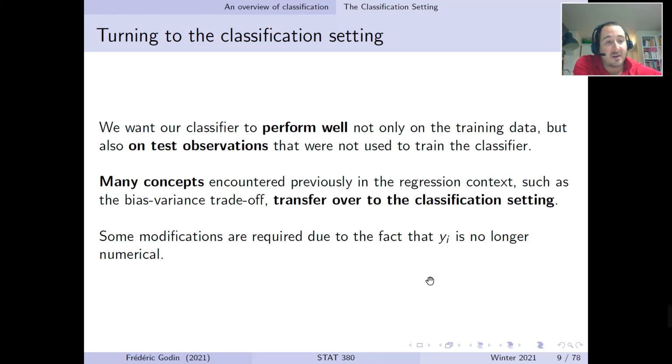If we have very variable predictions which are highly sensitive to data points, this still has the effect of potentially causing overfitting, which would mean good performance in sample and bad performance out of sample. So these concepts of bias-variance trade-off have to be altered a bit in the classification setting, but the overall idea remains the same, and ultimately what we want is good prediction out of sample.